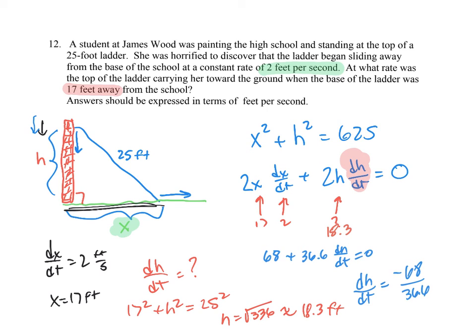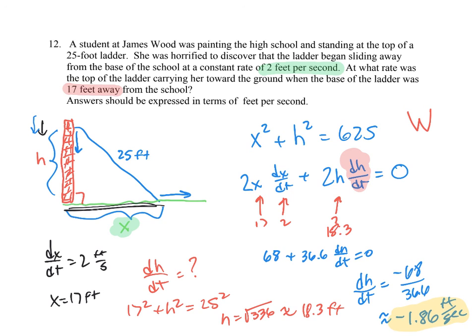This thing is moving down, and so that height is shrinking. And let's crank out this negative 68 divided by 36.6, and we'll hope that that answer is one of our letters on our answer choices. And that turns out to be approximately negative 1.86 feet per second. And if I check my answer choices, I see negative 1.855 is letter W. And so that is the letter that I'm going to choose in terms of solving the puzzle.